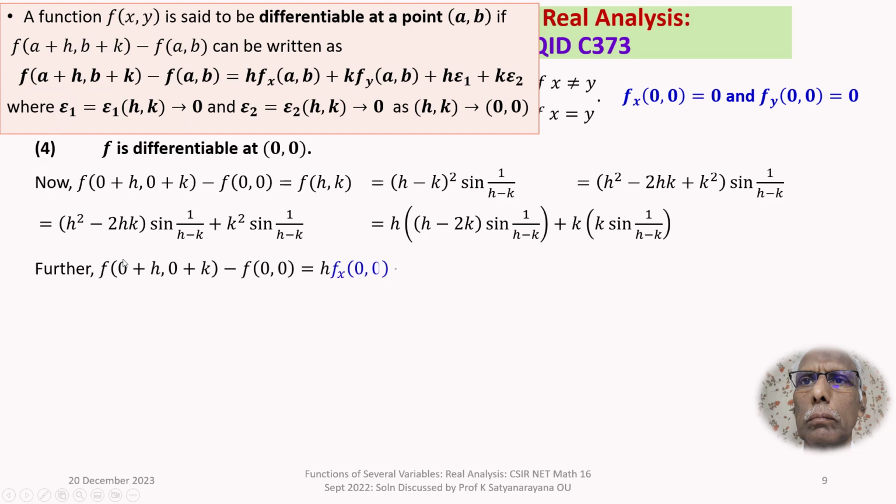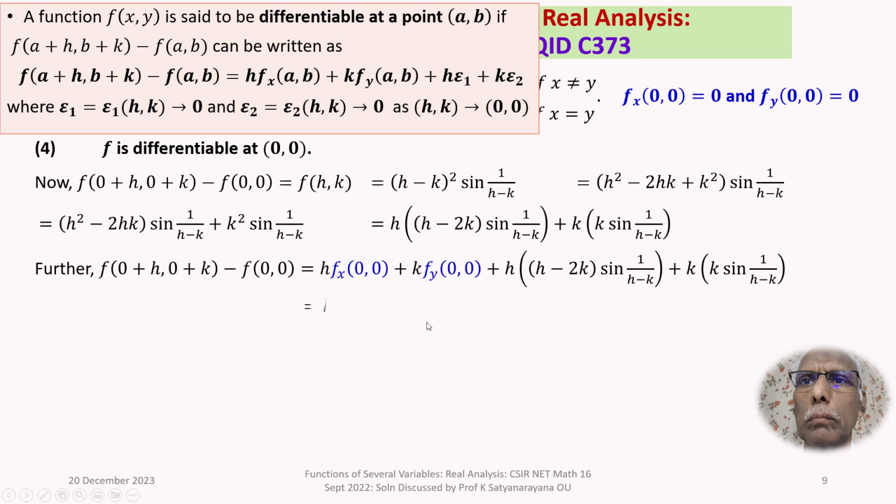Further, f of 0 plus h comma 0 plus k minus f of 0 comma 0 equals h times fx at 0 comma 0 plus k times fy at 0 comma 0 plus h times epsilon 1 plus k times epsilon 2.